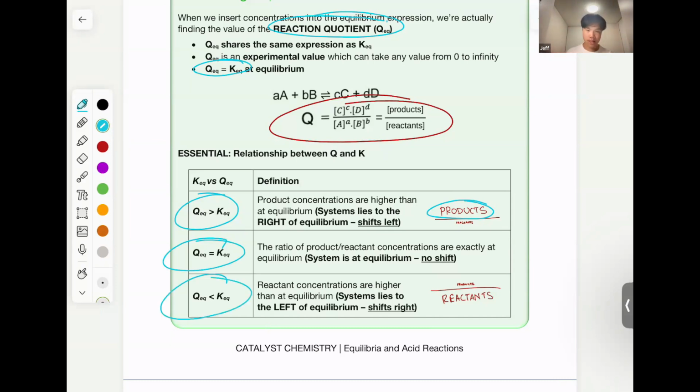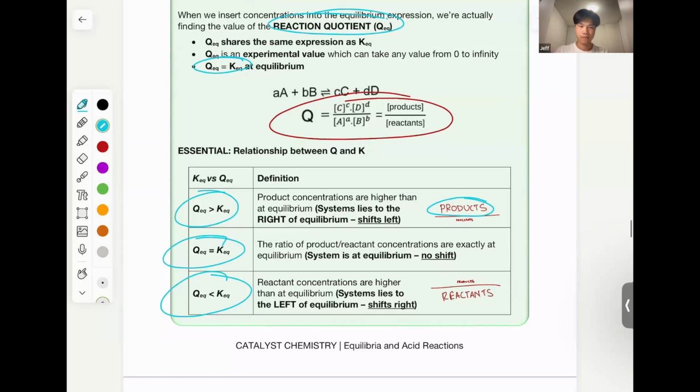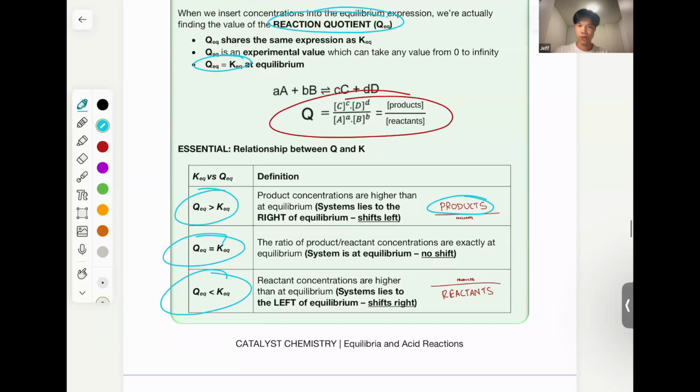And finally, if Q is less than K, it means you have more reactant than you should at equilibrium, meaning your system is to the left of equilibrium and hence shifts to the right to return to equilibrium. And those are your three very, very important cases for Q versus K. Any questions on those?